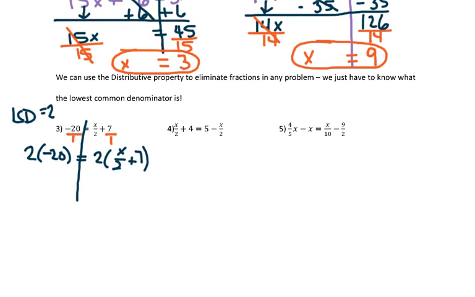The reason I'm doing this is to get rid of the fractions. So let's figure this out. 2 times -20 is -40. And on this side, I need to use the distributive property. 2 times x over 2 plus 2 times 7.